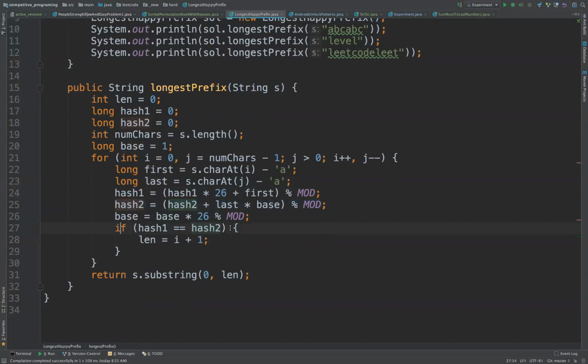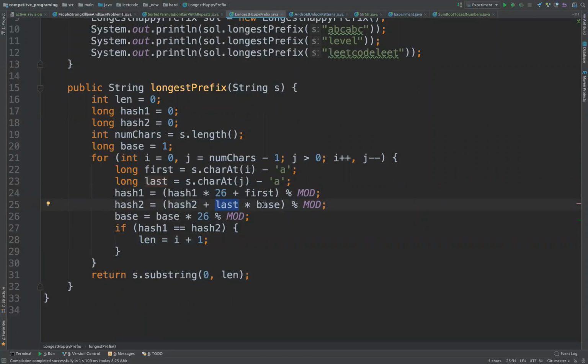If both of them are equal, then we say len equals I plus 1. And here the base and 26 are both the same, right? Hash 2 plus last into base, at line number 25. And line number 24, we said hash 1 into 26. The base and 26 are the same or different?